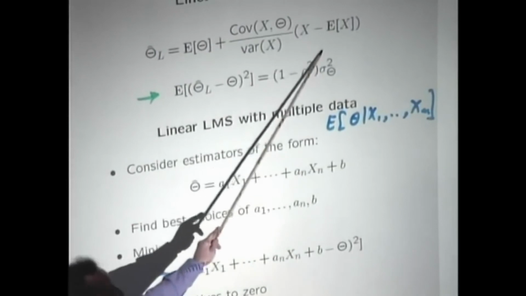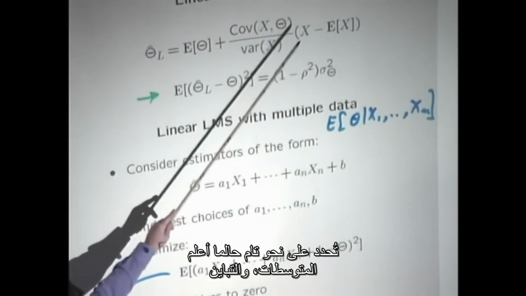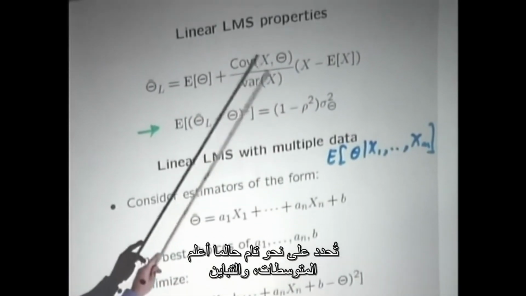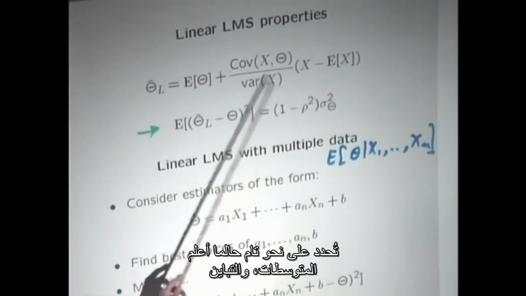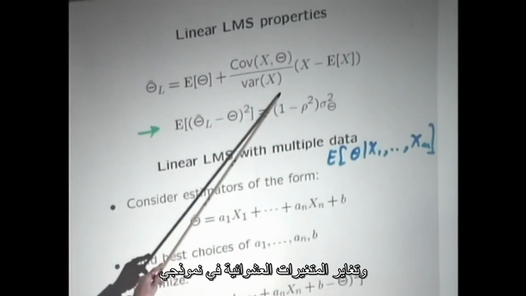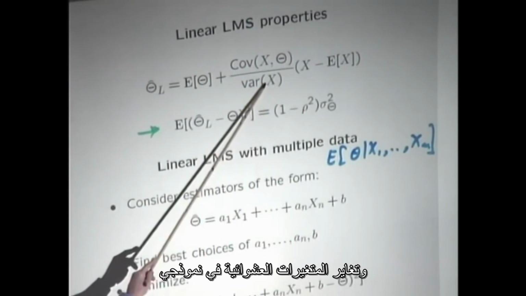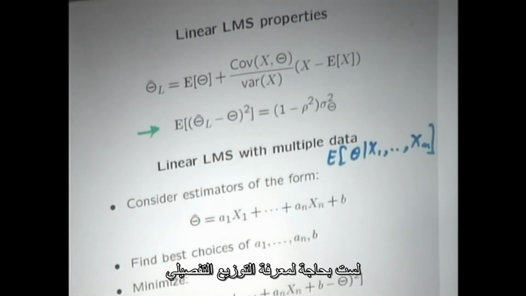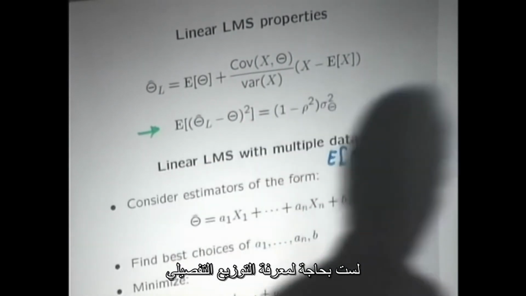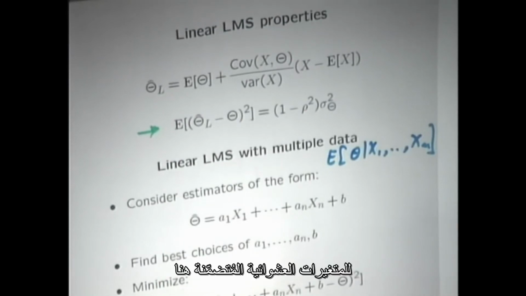The form of my optimal estimator is completely determined once I know the means, variance, and covariance of the random variables in my model. I do not need to know the detailed distribution of the random variables that are involved here.